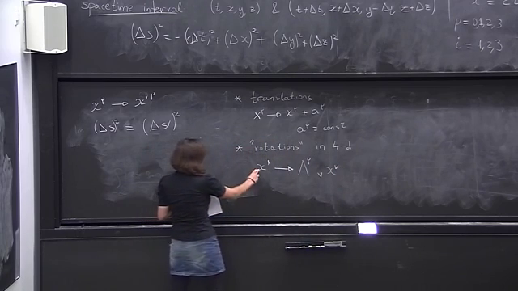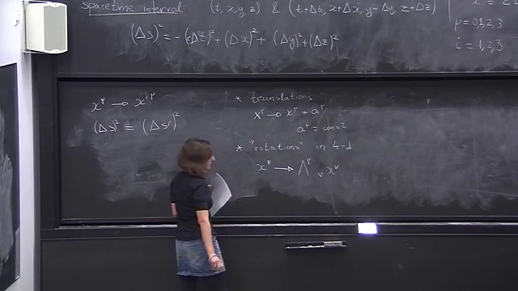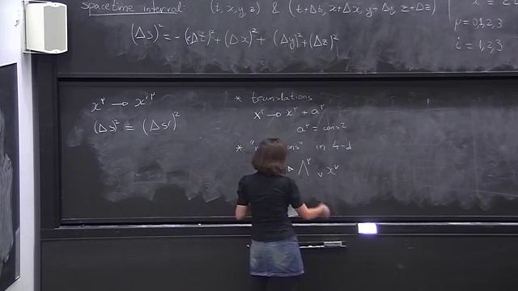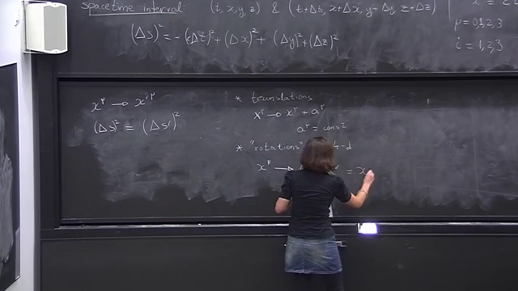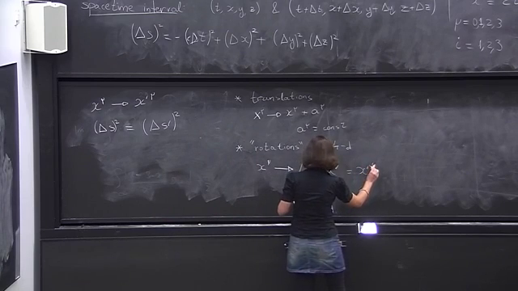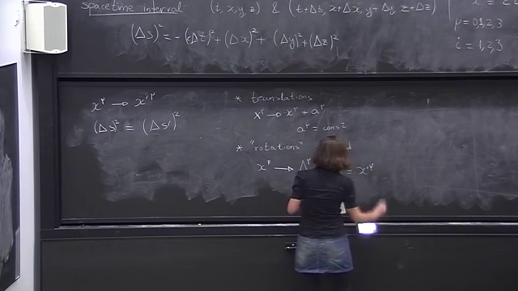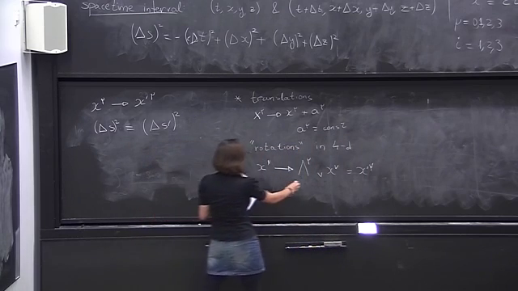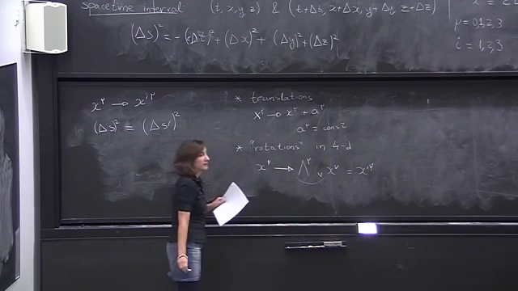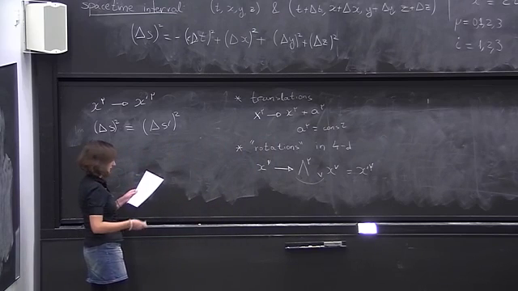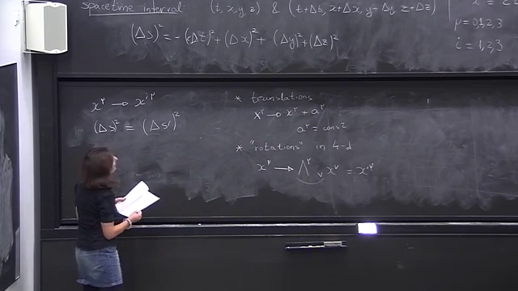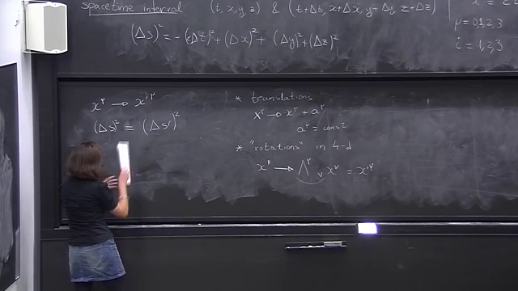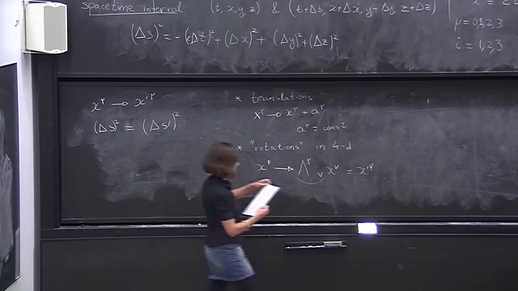So I multiply my vector x mu with the 4×4 matrix, which is a Lorentz matrix. And this takes me to x prime mu. Now, what is the condition that this matrix has to satisfy in order for this to be a symmetry as I declared? A symmetry means that delta s squared stays invariant.